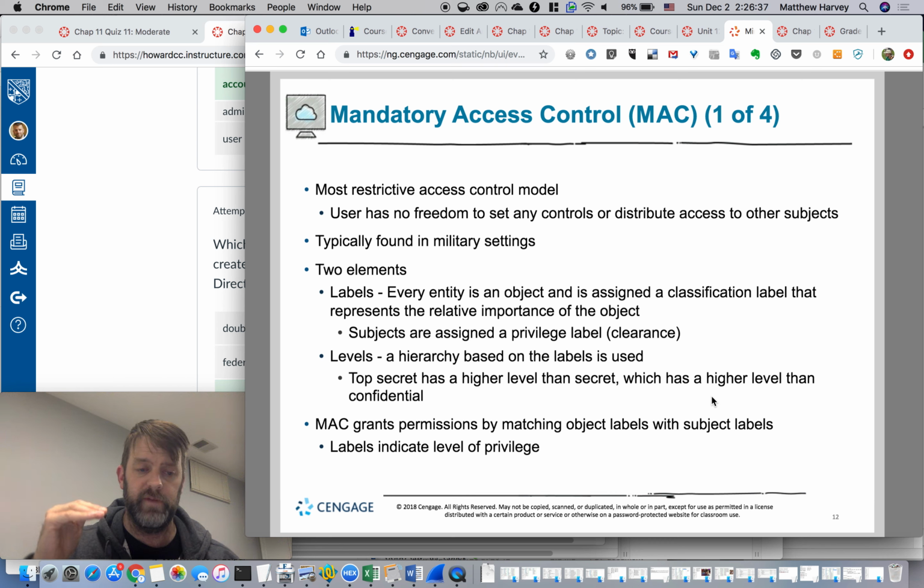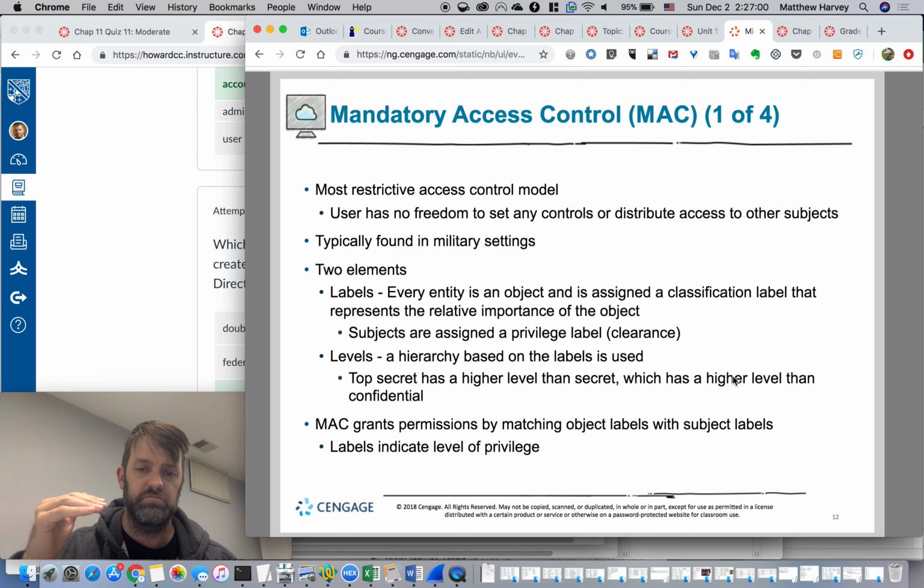So if I'm trying to access something that's secret, if I've got a secret clearance, I can access it. If I've got a top secret clearance, I can access it. But if I have a confidential level clearance, I can't access this secret thing. So every single object has a classification label, and every subject has a clearance level.